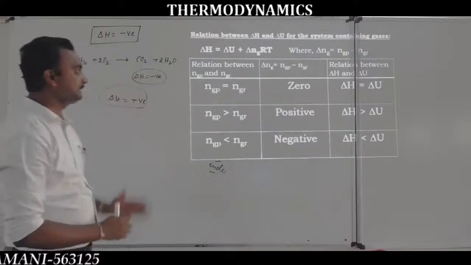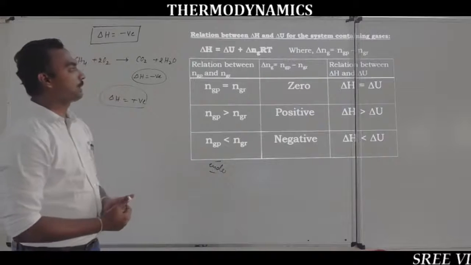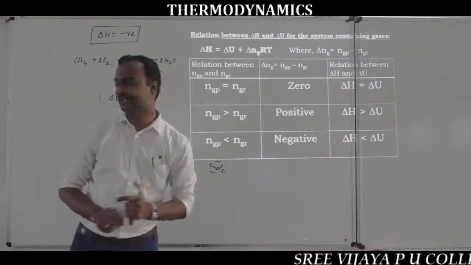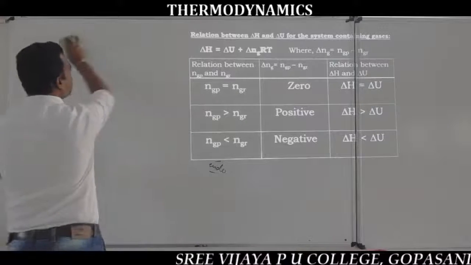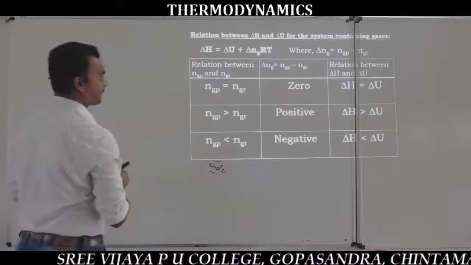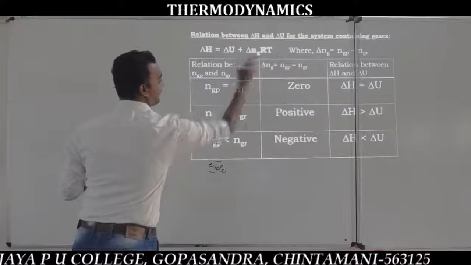Next, a very important formula: the relationship between delta H and delta U for a system containing gases. Only gases must be there in that system. A very important equation, most repeated in competitive exams: delta H is equal to delta U plus delta Ng into RT.